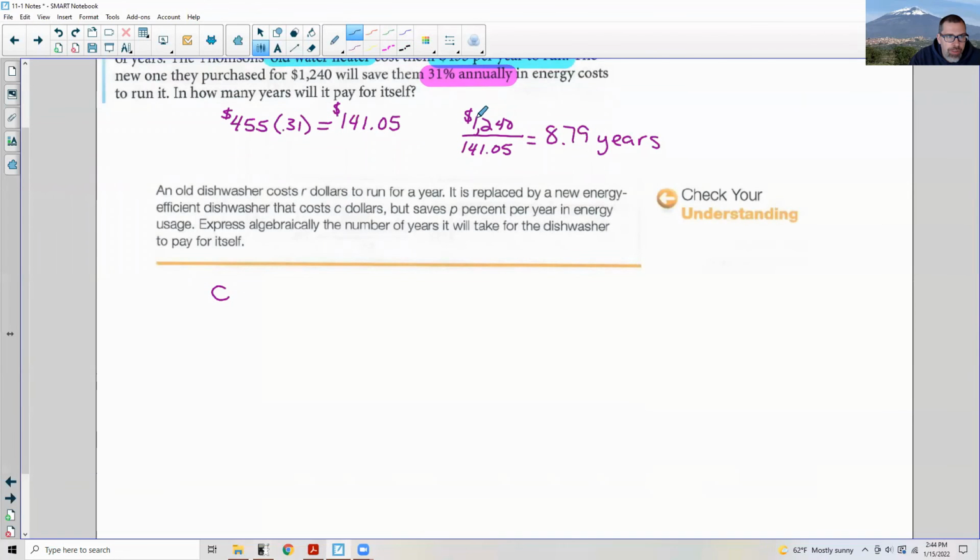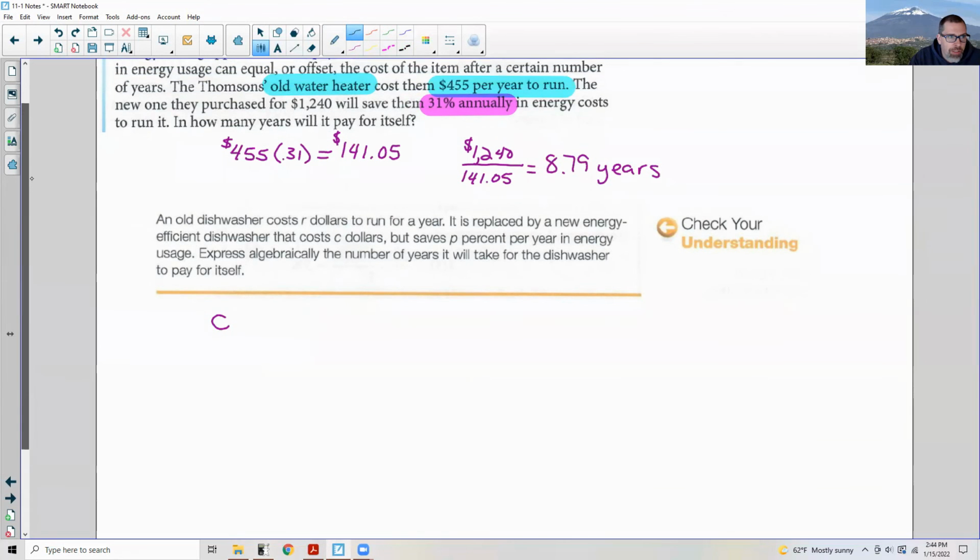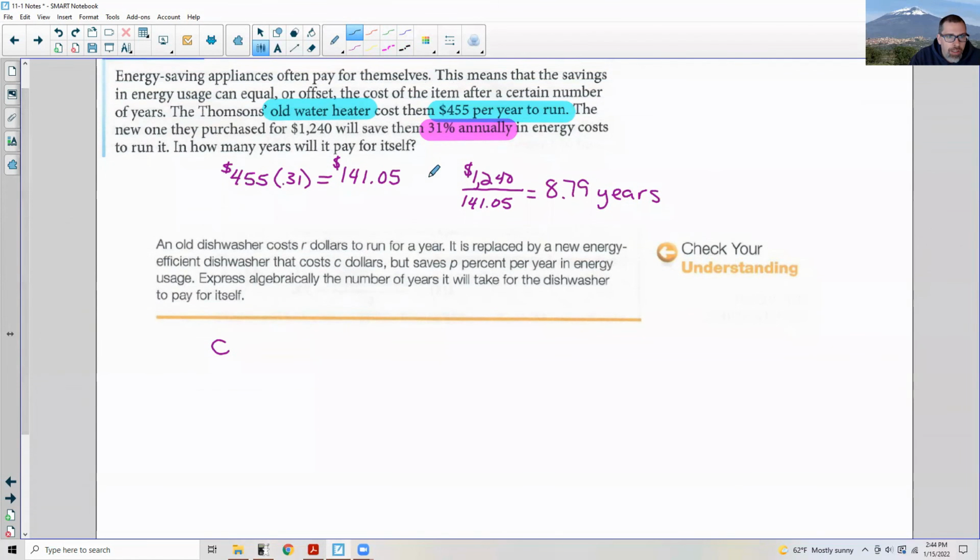That's this up here, 1,240. Okay, let me keep the other example up here. Usually when they ask what an algebraic expression is, it's buried in your answer to the example. So if you label this up, you'll see what it is. So 1,240, if you look up here, well, that is the new purchase price. So that's the cost. So this is our C right here.